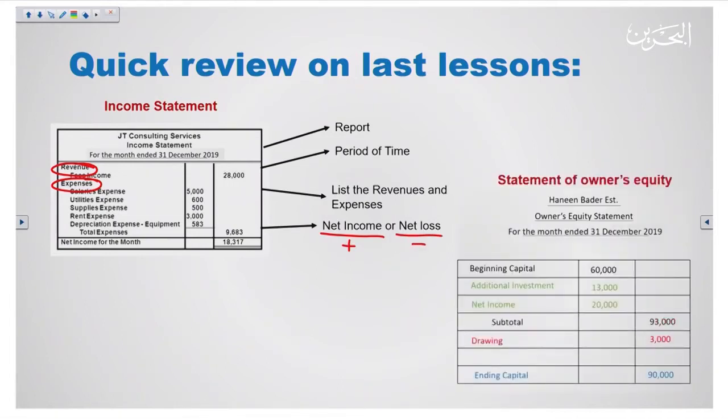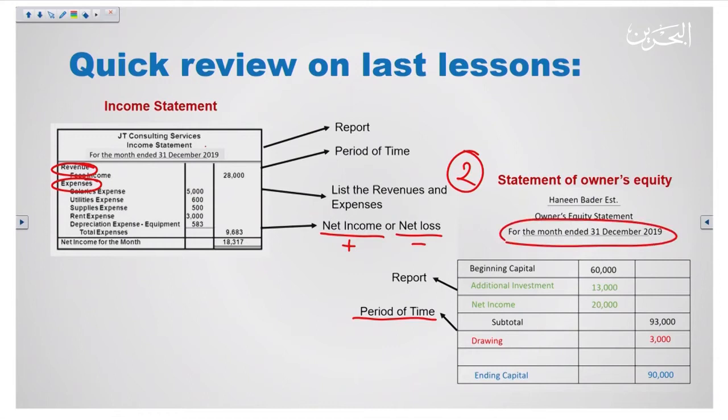Then we learned how to prepare the second statement, which is the owner's equity statement, and this is step 2. We learned that it is a report as well, and we should prepare it in the same period that the income statement was prepared.